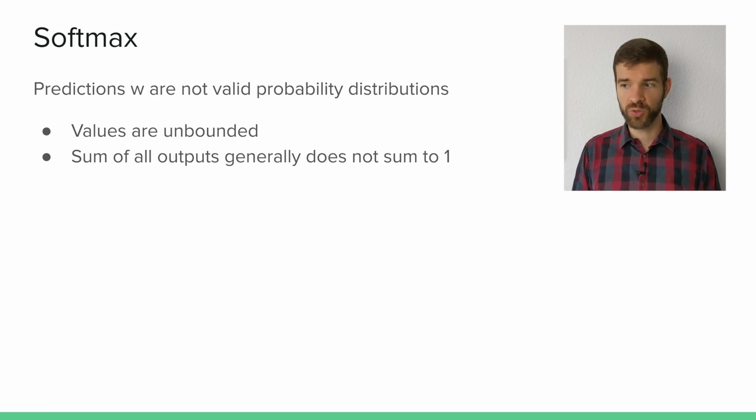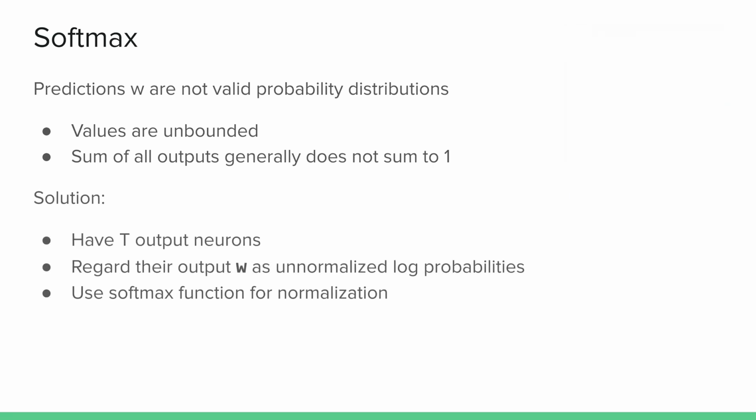So what can we do? We can map the outputs of our last layer, our output layer, to a probability distribution. And this is what the softmax does. We have T output neurons, and we regard their outputs as unnormalized log probabilities.